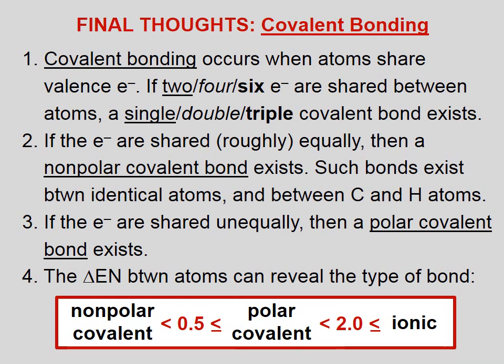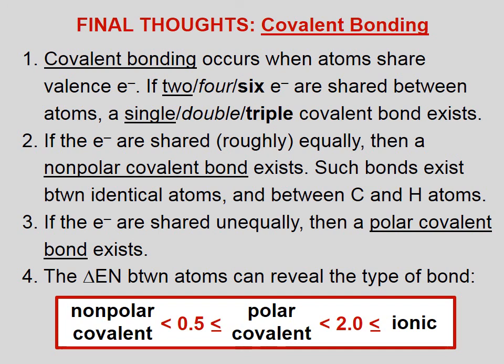Such bonds exist between identical atoms and between carbon and hydrogen atoms. 3. If the electrons are shared unequally, then a polar covalent bond exists. And 4. The difference in electronegativity between atoms can reveal the type of bond.